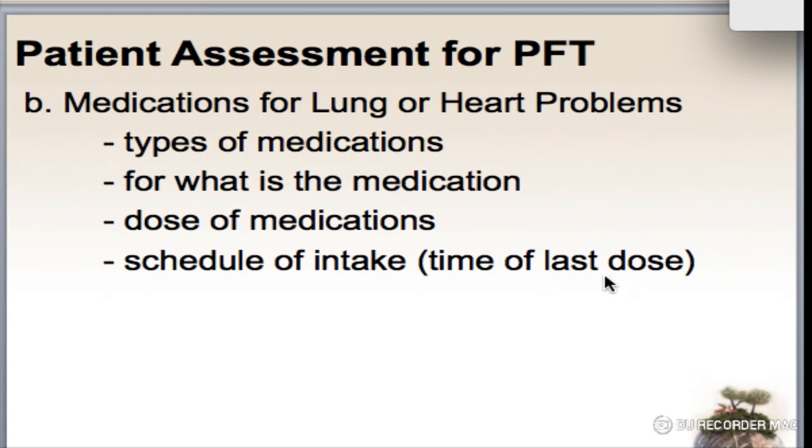The schedule of intake prior to the procedure is very important. For a short-acting bronchodilator or short-acting beta agonist, we consider a 4-hour hold prior to the test. For long-acting beta agonists or a steroidal form such as fluticasone, we consider holding the medication for at least 12 hours prior to the test.